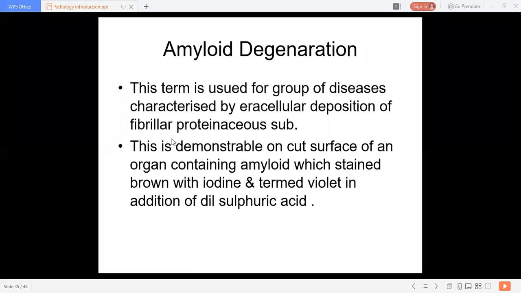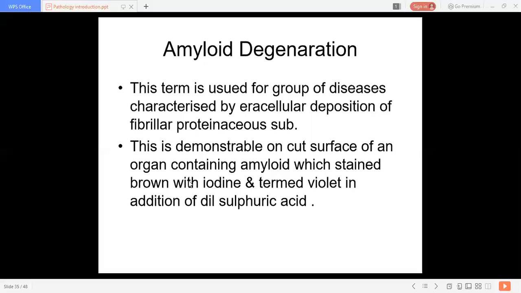Now this is demonstrable on the cut surface of the organ containing amyloid, which stains brown with iodine and violet with the addition of dilute sulfuric acid. So these are the stains we use to demonstrate or diagnose amyloid, that is iodine and dilute sulfuric acid.